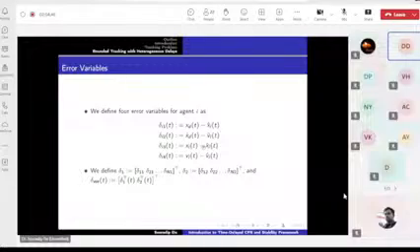So you just see here, if these error variables go to 0, then x_i hat(t) goes towards x_d(t), and finally x_i(t) will be equal to x_d(t). Similarly, v_i(t) will be x_d dot(t). That is the objective. We cannot do that exactly because we don't have the future information of the state.